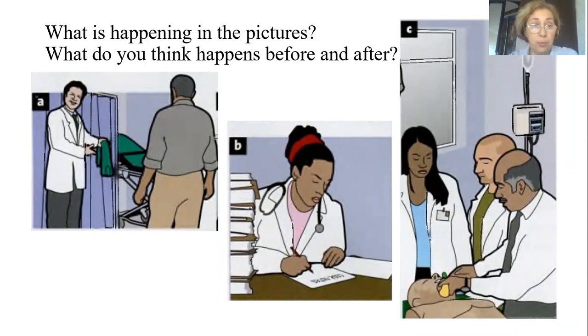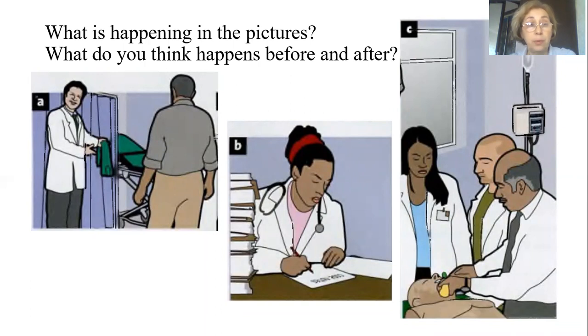Lina, can you comment on picture A? What is there? I think it's a doctor ushering a patient into a room to change into the clothes they wear whenever they have to do medical checkups. Okay. And what happened before this? What do you think? The patient and doctor probably had a conversation about what exactly the patient's complaints were.